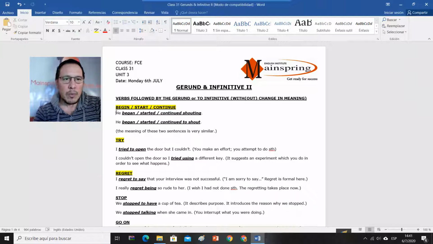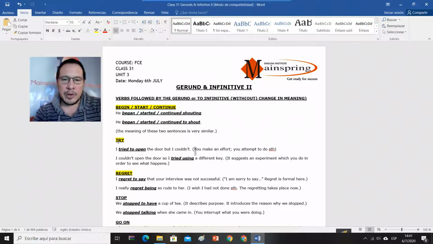Now, we begin with the changes in meaning as in try. Okay, here we have the verb try and it can be followed by the infinitive or the gerund. Let's have a look at the example with the infinitive. I tried to open the door, but I couldn't. I believe this is the easiest or the most common use of the verb try.